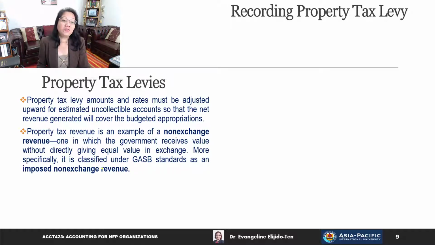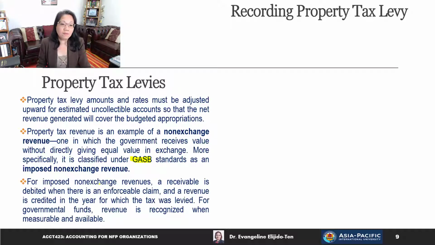More specifically, it is classified under GASB standards as an imposed non-exchange revenue. When we're talking about imposed non-exchange revenues, then a receivable will be debited once there is an enforceable claim. And at the same time, a revenue is credited in the year for which the tax was levied.